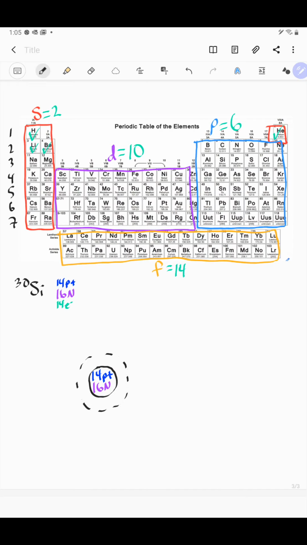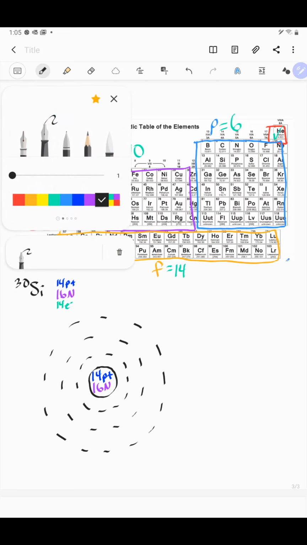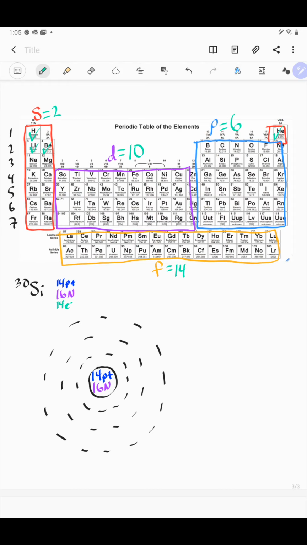First energy level. Second energy level. We might even need a third energy level. All right, so the first energy level, if we recall, can hold up to 2 electrons. The second energy level can hold up to 8.